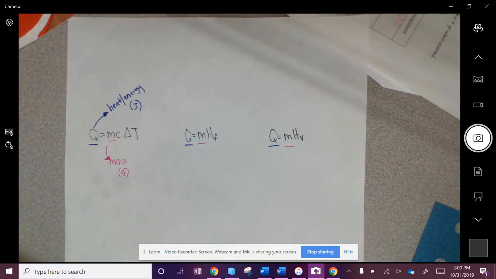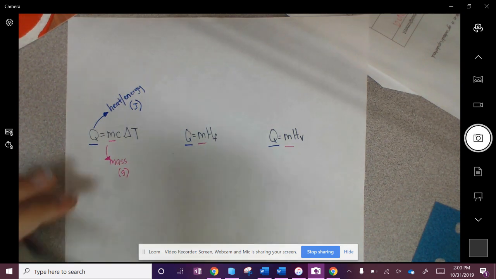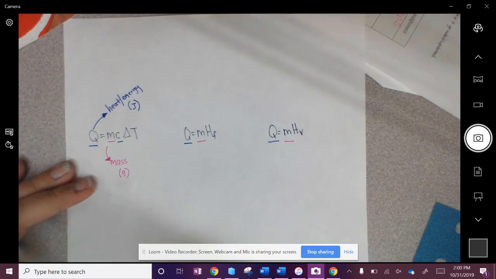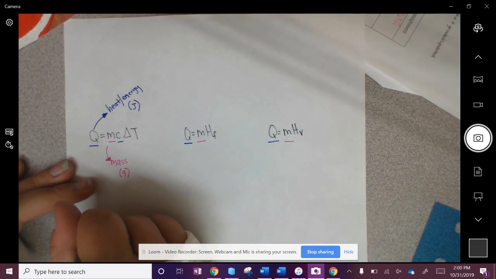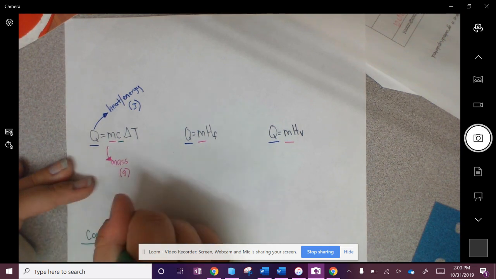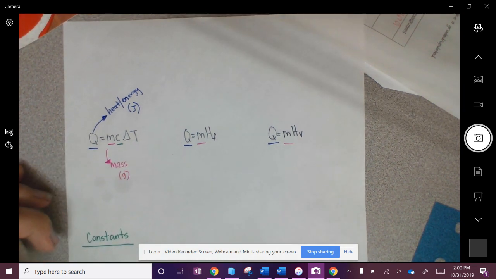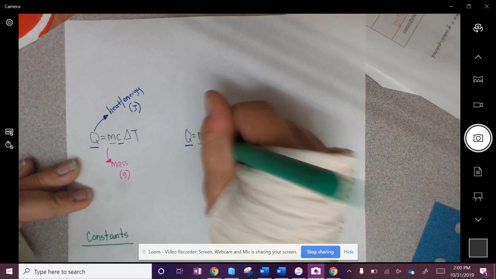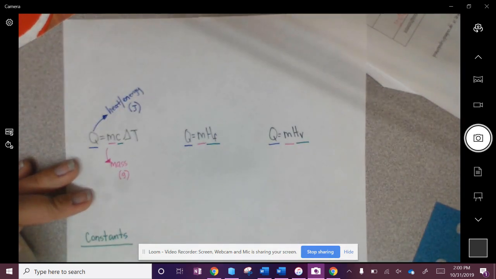Now, from this point, the formulas get unique. So we're going to start with the constants. So C is a constant, and I'm just going to list constants down here. But C, HF, and HV are all constants.